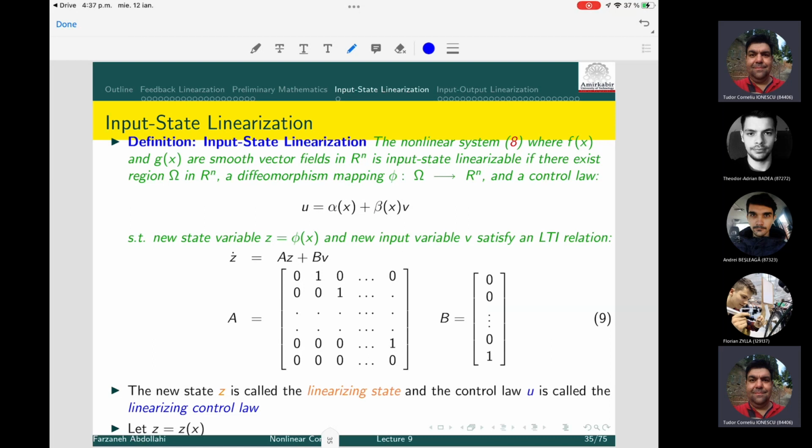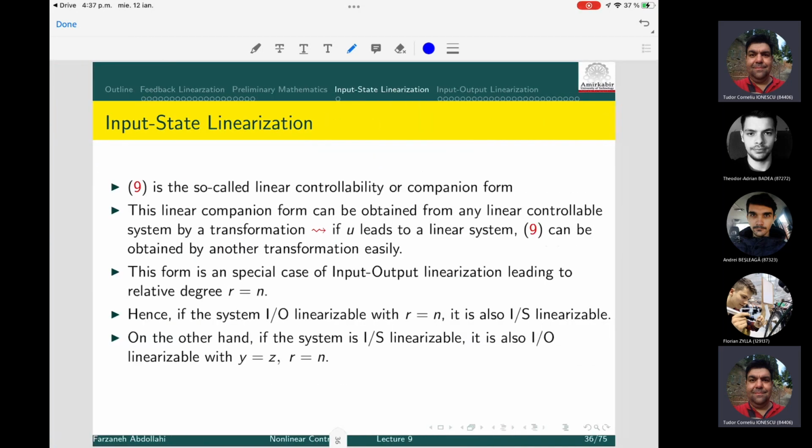The new state z is called the linearizing state, and the control law u is called the linearizing control input. z is z of x actually, a coordinate transformation.